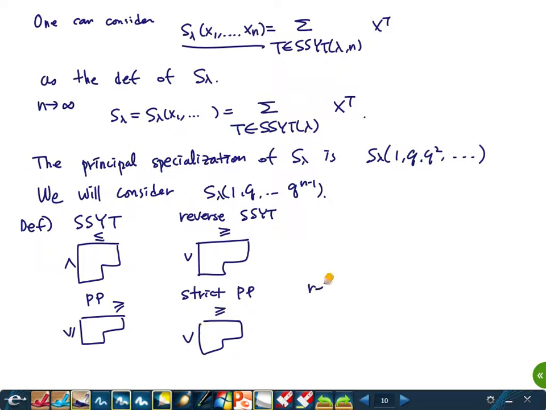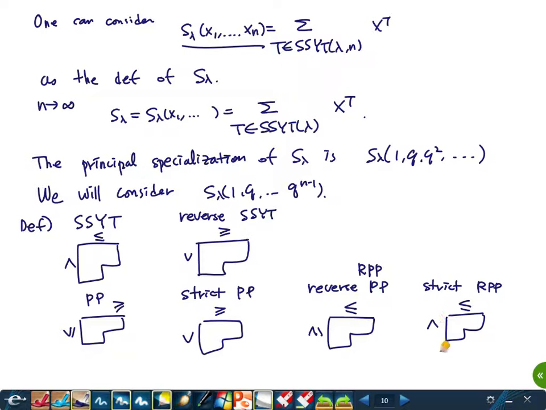And similarly, we can define reverse PP. We just reverse the direction of the inequalities, and also a strict reverse PP. Let me just say RPP, reverse plane partition.